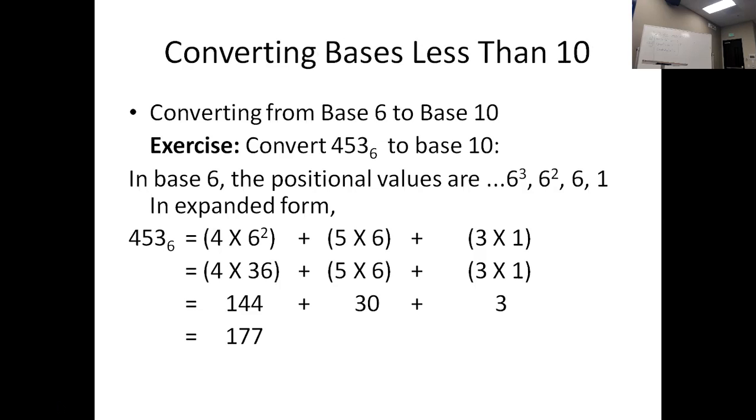So we multiply 4 times 6 to the power of what? 2. Yeah, you apply that rule n minus 1, because we are in the Arabic-Hindu system. 5 is in what position? Second. So 5 times the base 6, but still we are in the Arabic system, so 6 to the power of second position minus 1 is 1, and 3 is in the first position, so it's 3 times 1.